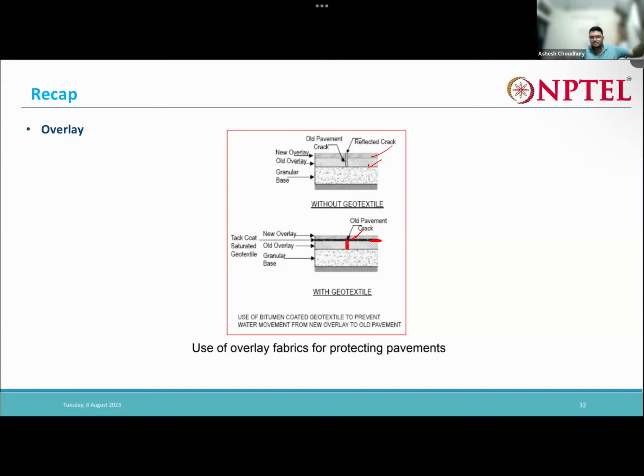That way the life of the pavement increases by a large margin. Otherwise, even if you have invested a huge amount in a new layer over the old layer, the old crack from below gets propagated to the top. A tack coat means bitumen is coated over the geotextile, so that the geotextile also prevents water movement from the old layer.